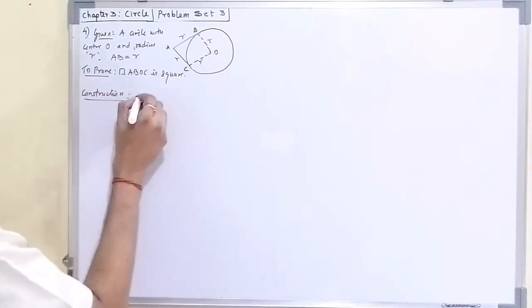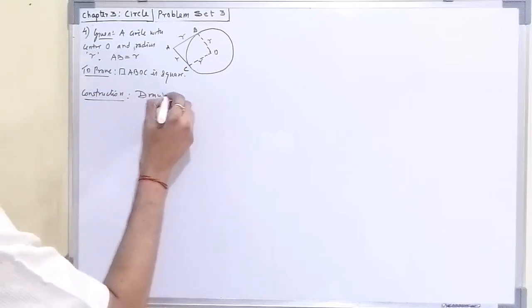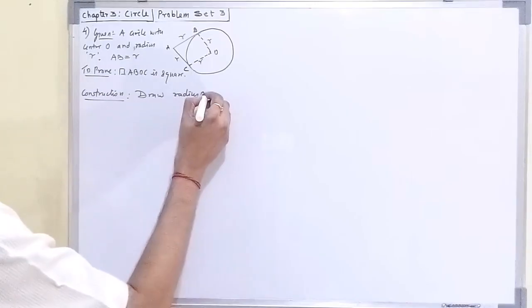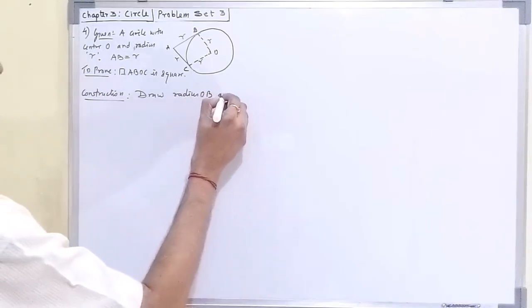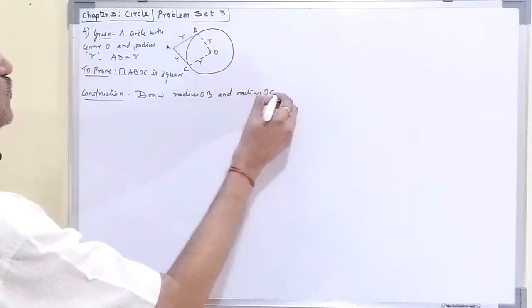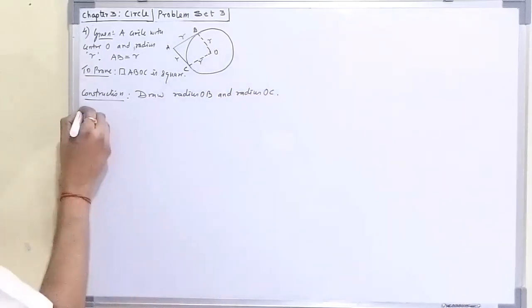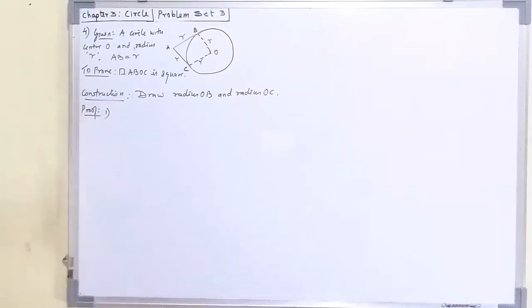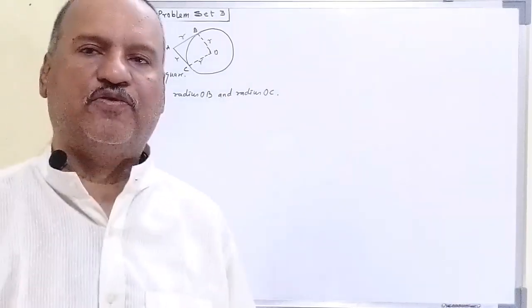Construction: Draw the radius OB and radius OC. Proof. Let us start with the proof. See what is given.